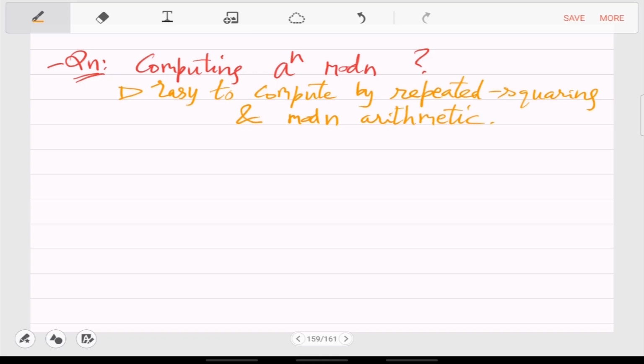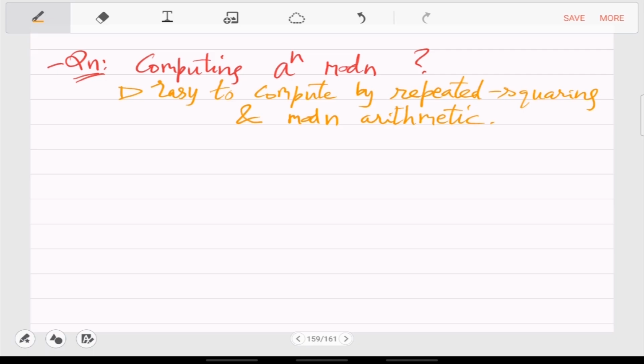So assuming that modular arithmetic is fast, which will be very fast, because in terms of the digits of n, you can always do division and find the remainder. Everything can be stored in that much space. There is no space blow up, there is no time blow up. And on top of this subroutine, so if you have written a subroutine for modular arithmetic, then using those subroutines, you can just square numbers, square remainders and multiply remainders.